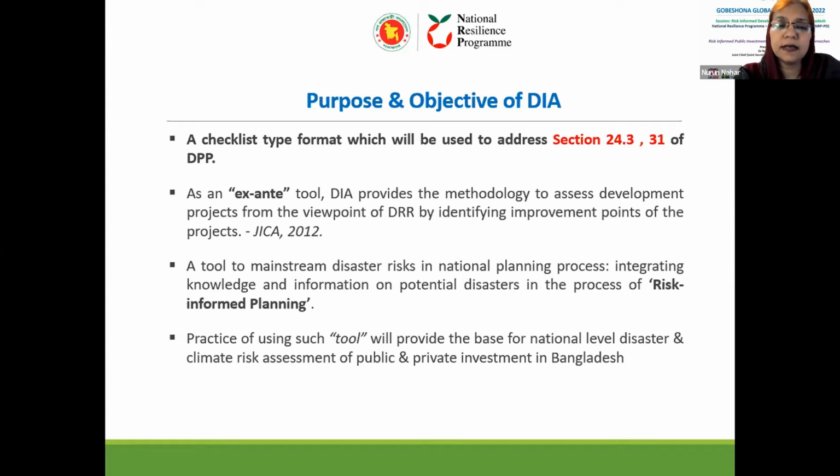So if from now all the projects consider the disaster risk reduction issues and the costing of the resource need, then we will have a macro level picture of our need for risk-informed public investment.